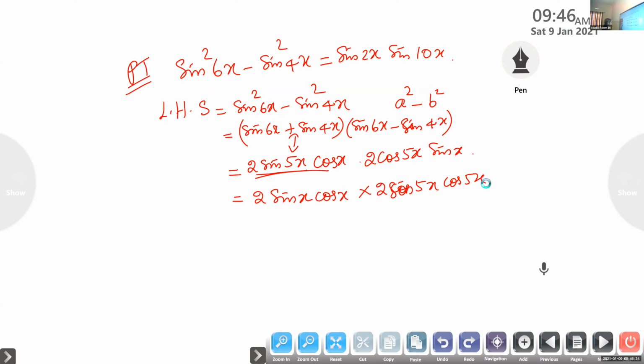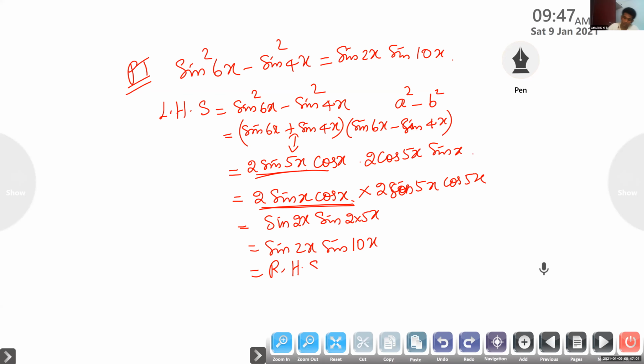The first one is sin 2x, using the identity sin 2a. The second one is sin 2 into 5x, so you will get sin 2x into sin 10x, which is the same as the RHS.